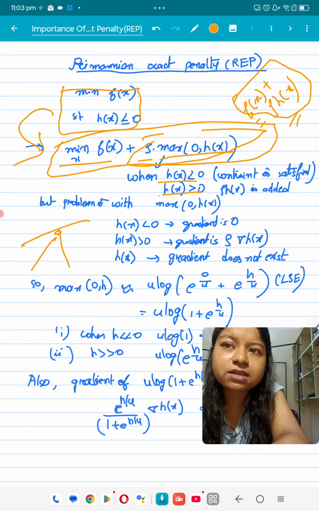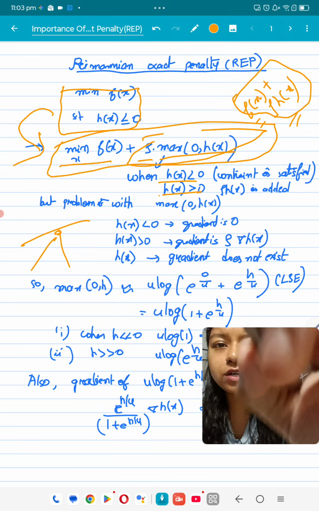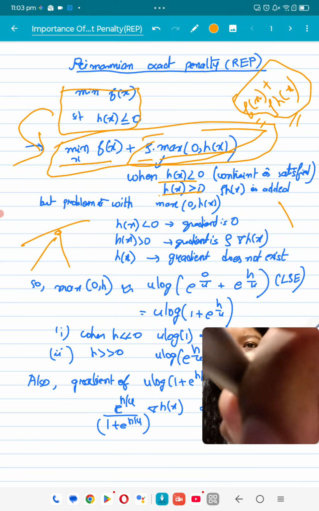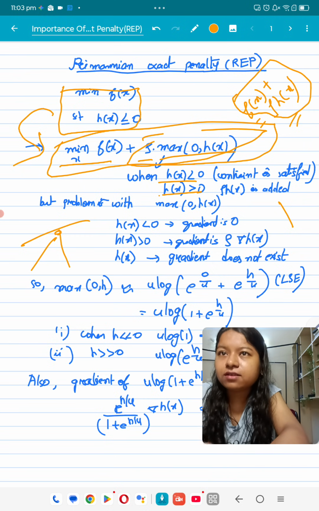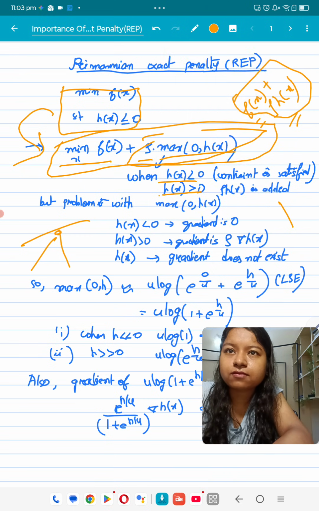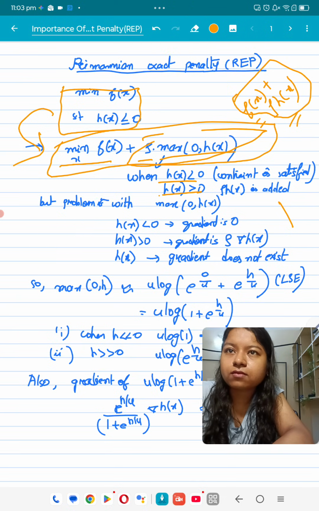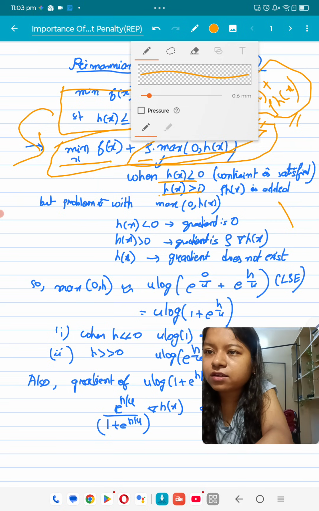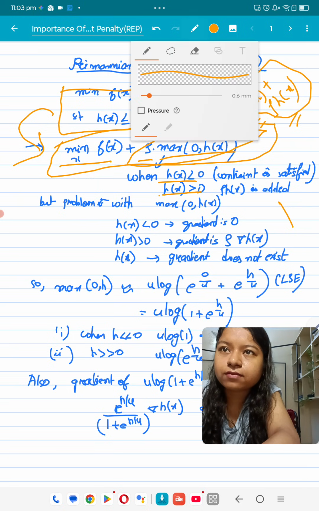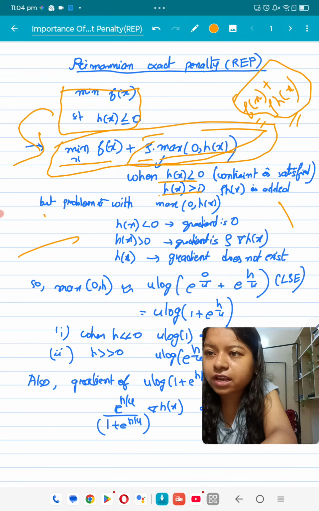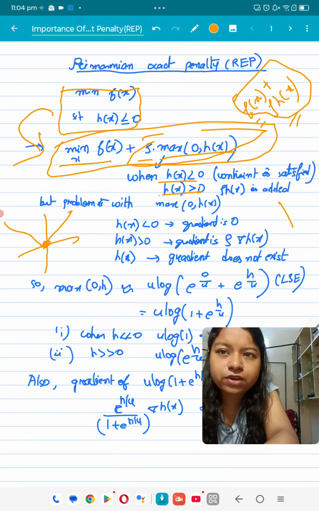Graphically, the max operator is this. At 0, whenever h of x is less than 0 is fine, whenever h of x is greater than 0 is fine, but whenever h of x is at the corner point, the gradient doesn't exist.